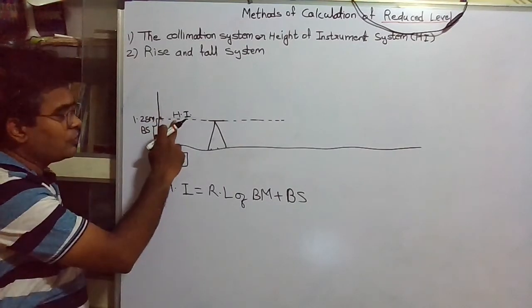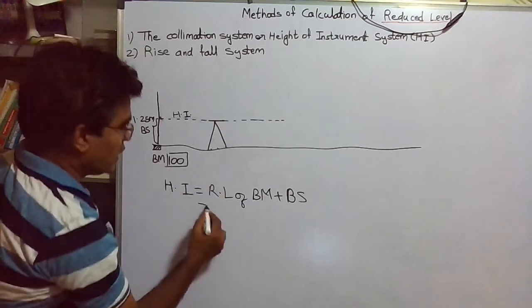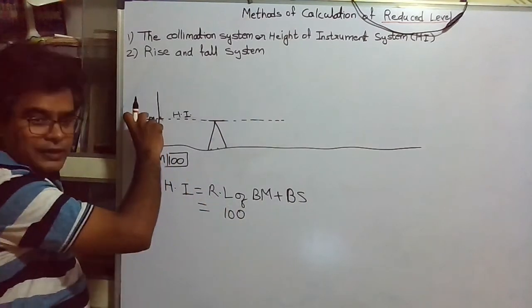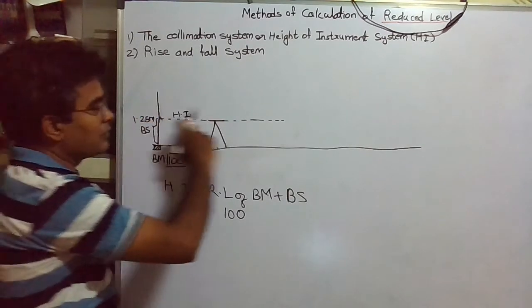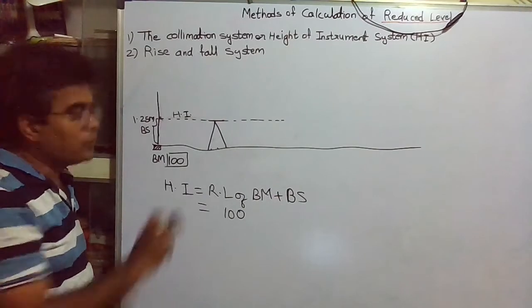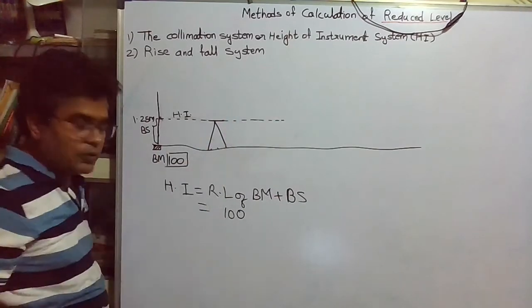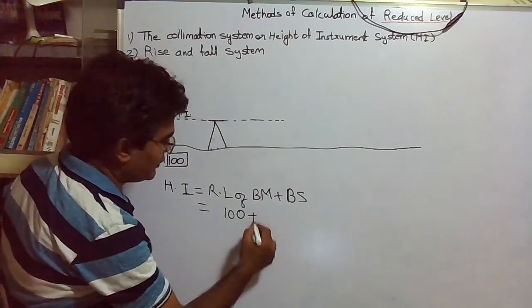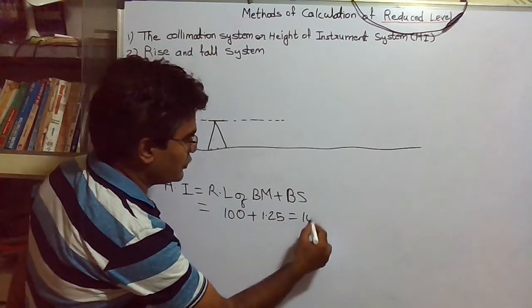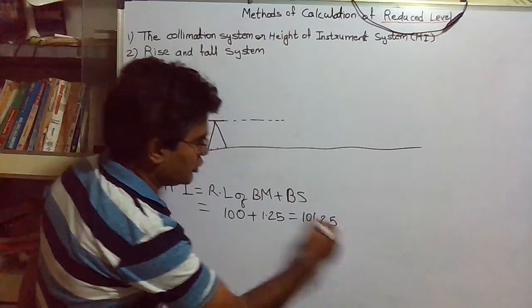So height of instrument is RL of benchmark, 100, plus our backside reading. This is nothing but our RL of line of collimation. It is horizontal, so its value remains constant. It will be 100 plus 1.25, that is 101.25 meter.